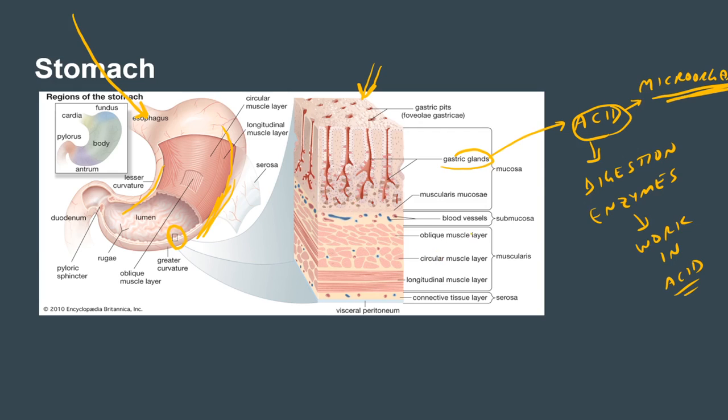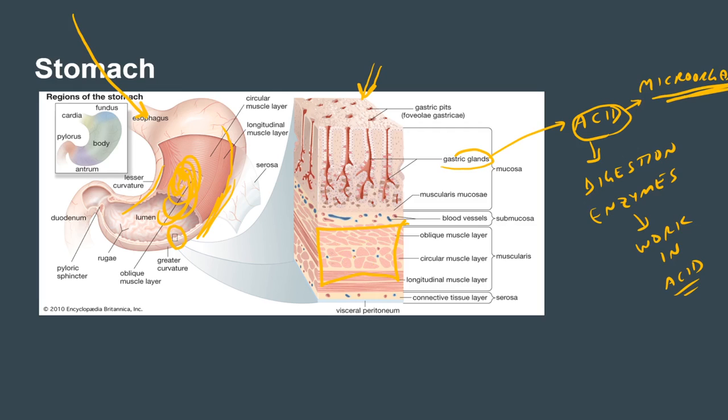Also, the stomach is squeezing and churning, so the food is just being tumbled over and over, and that helps mix everything and break down the food even more. And remember, back to the muscle video, movement is always done by muscle. So we learned that lining all of the body tubes, there's muscle.